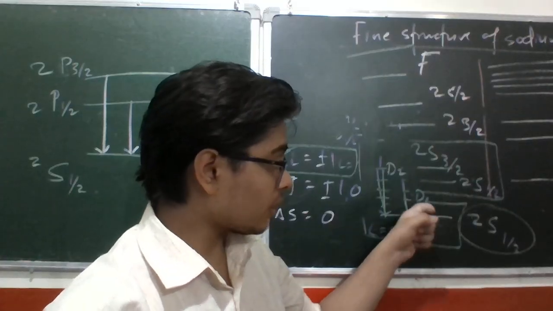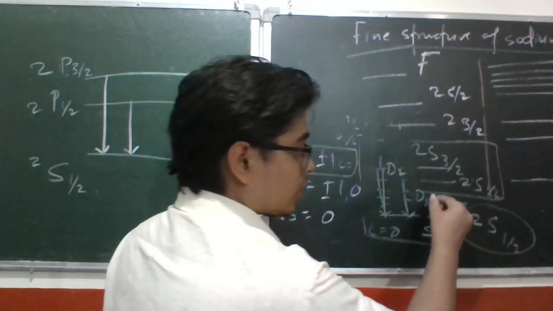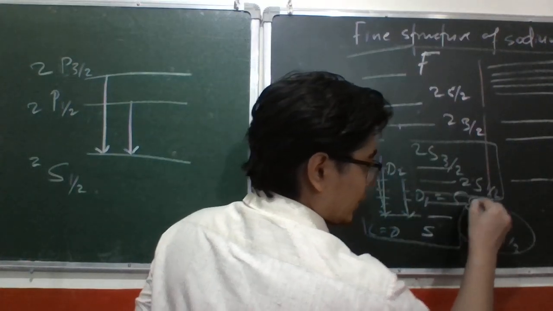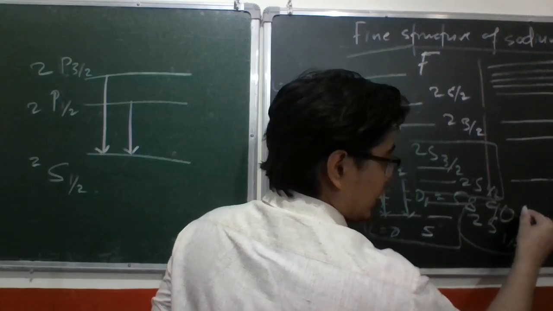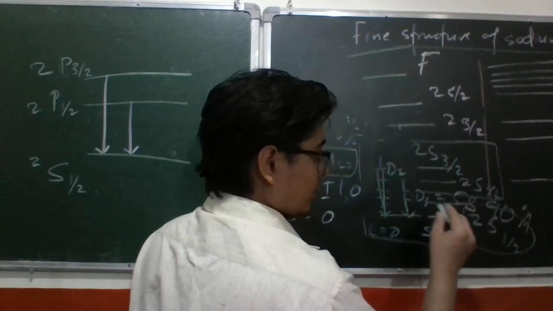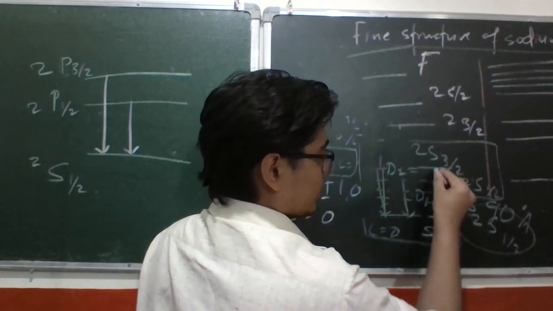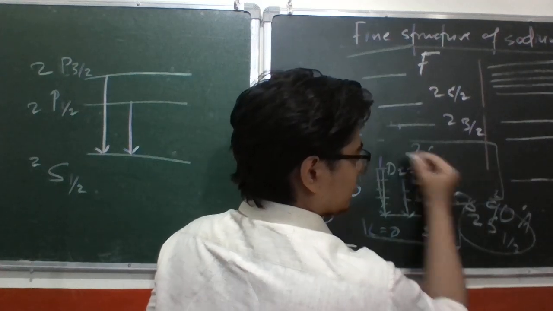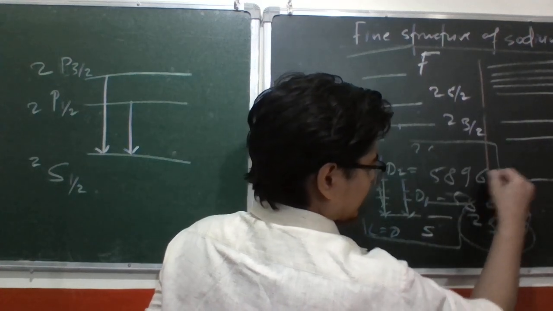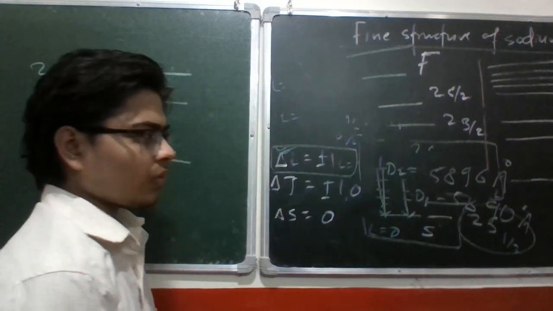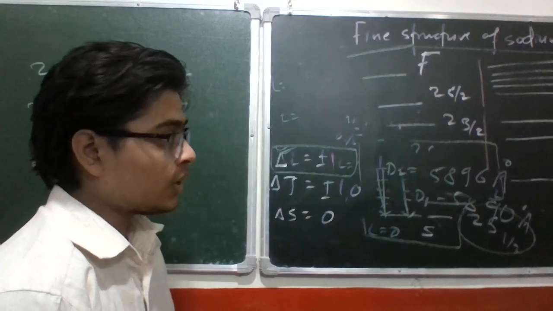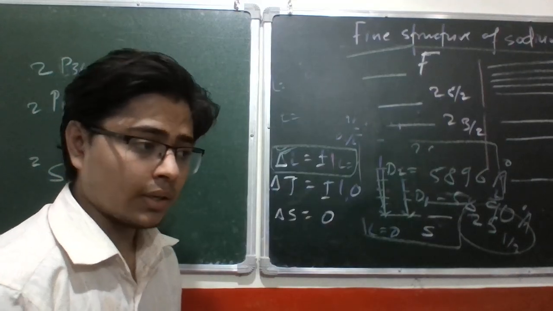We have two values. Now the shorter one is 5890 angstrom, and this longer one is 5896 angstrom. Okay, so I think you understood.